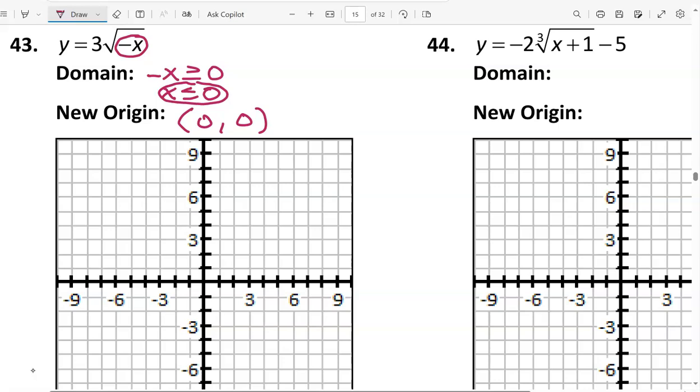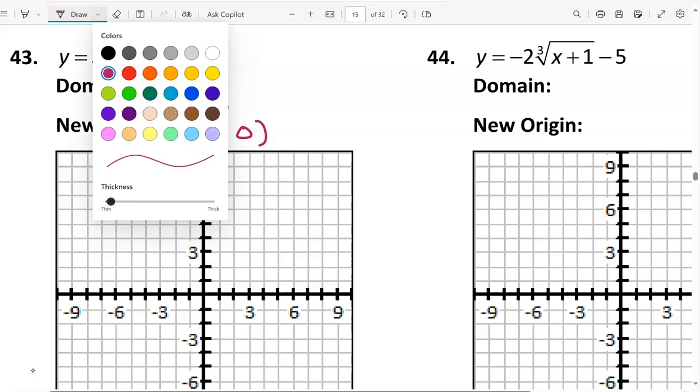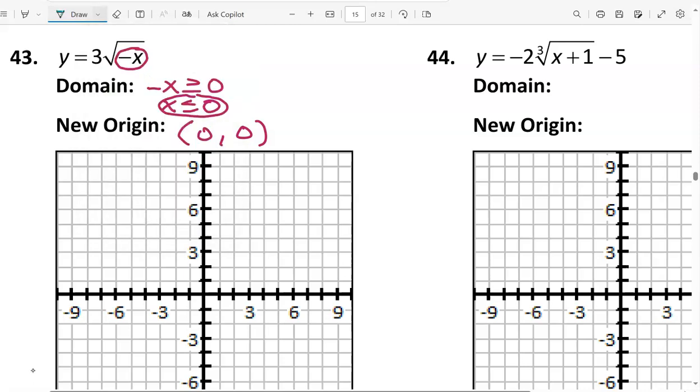For purposes of a graph where you have a negative x inside of the radical, here's what I'd suggest. Just use a straight table of values. Okay, so I'm going to use my domain here to indicate that x's are going to be less than or equal to 0.